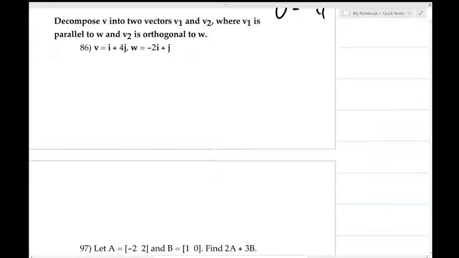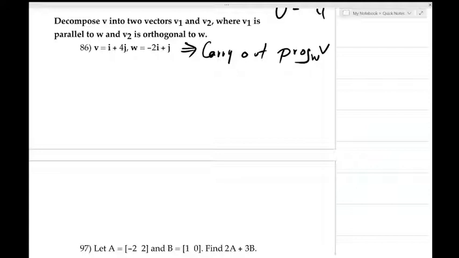Number 86. We want to decompose v into two vectors, v1 and v2, where v1 is parallel to w and v2 is orthogonal to w. So this is asking us to do a projection. Right, we're trying to figure out how much of v points in the direction of w.